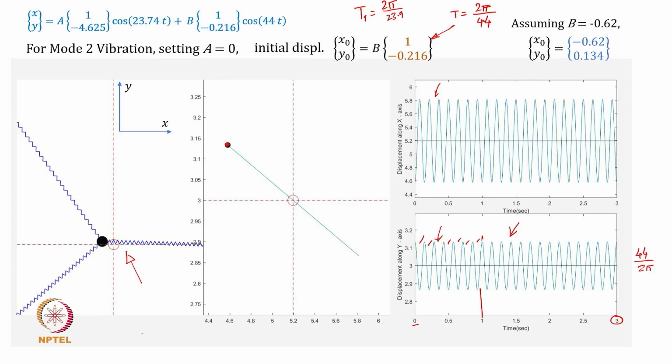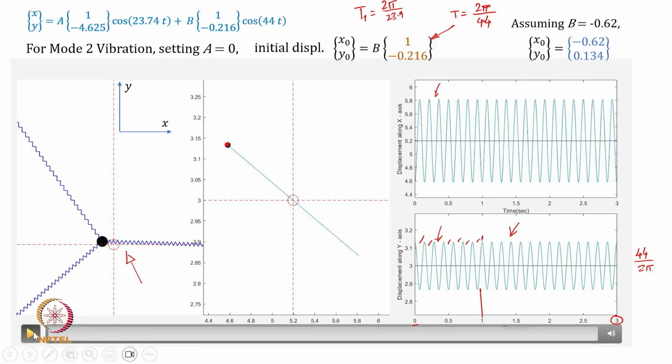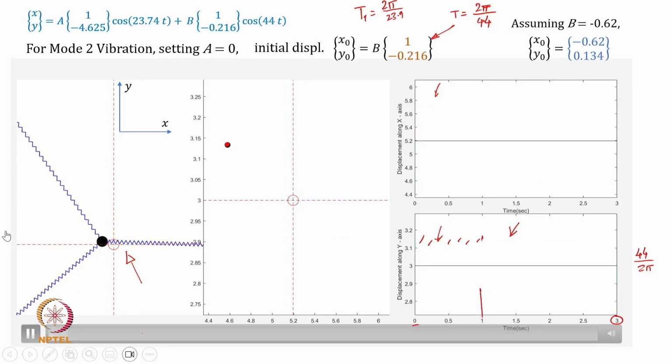But more important again here is the way the vibration of the mass is happening as we disturb it from the initial condition. The initial condition cannot be arbitrary, it has to conform to the particular mode shape.